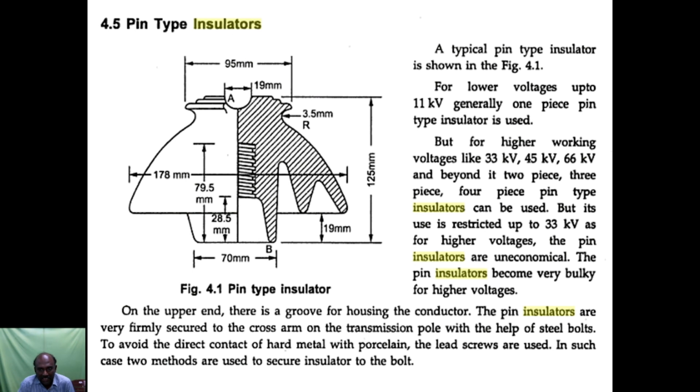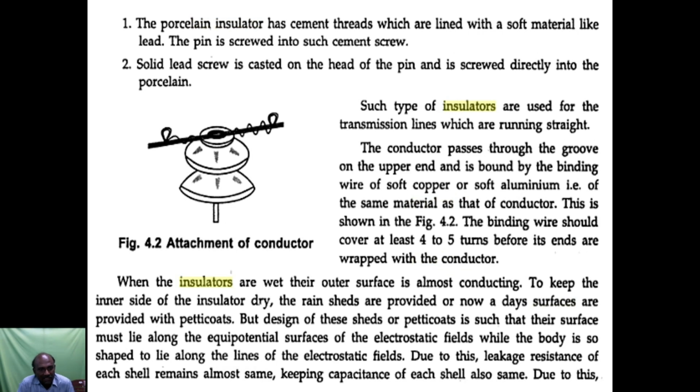Whenever the voltage is increased, up to 33 kV, 44 kV, and 66 kV, the number of pieces is increased. It is a one piece structure, and by increasing the number of pieces, we can use these pin type insulators according to the increased voltage levels.